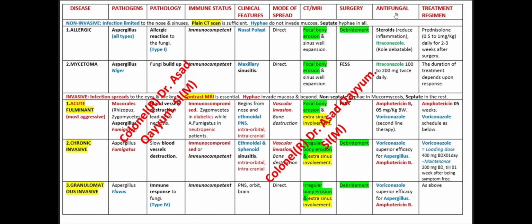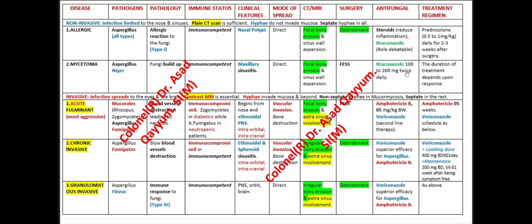So, what is the medicinal treatment used? Now, the use of steroid is limited to the case of allergic fungal sinusitis. The role of antifungals is debatable. In case of mycetoma, itraconazole is given 100 to 200 milligram twice daily.